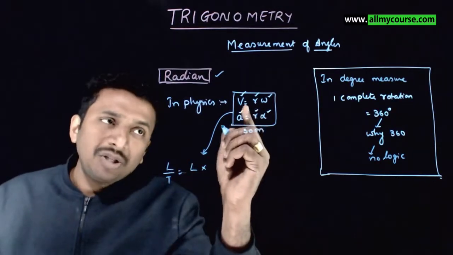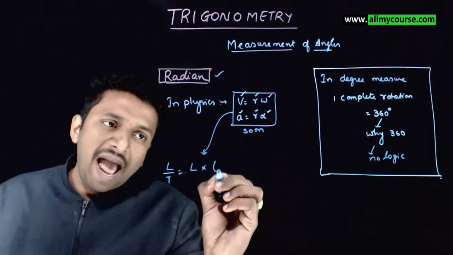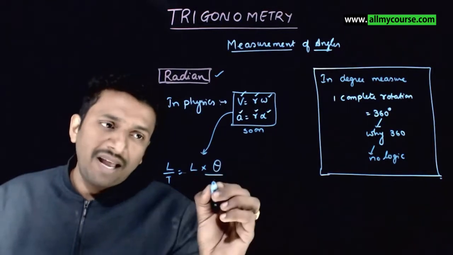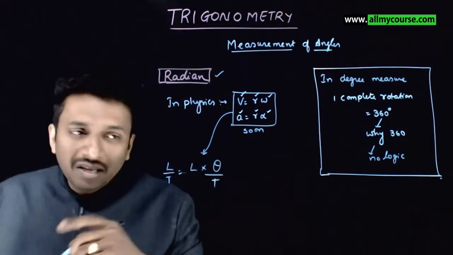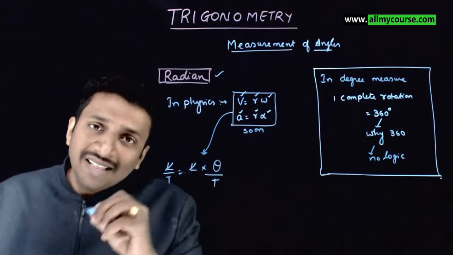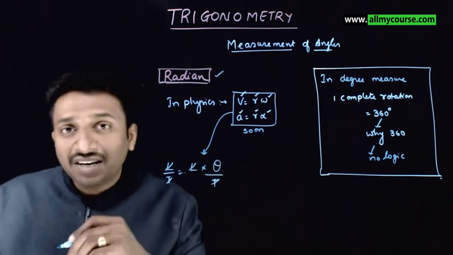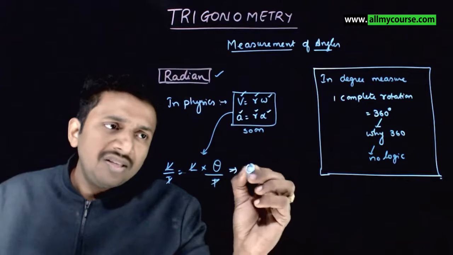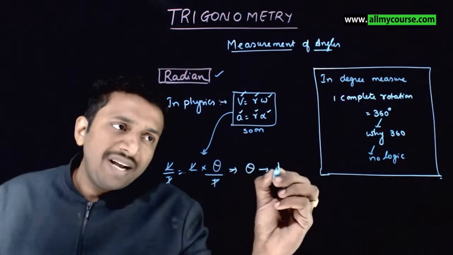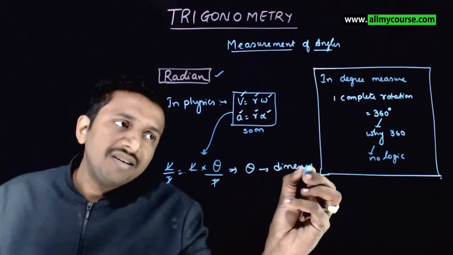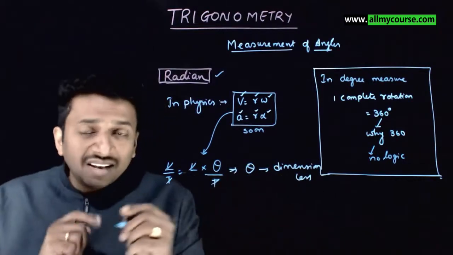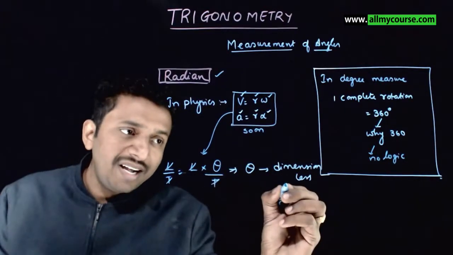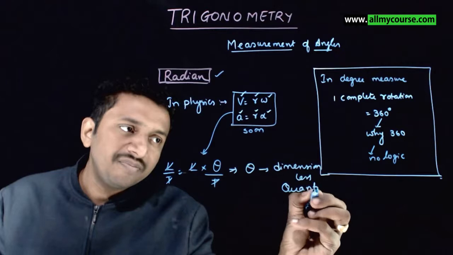So the dimension of omega should be angle divided by time. Once you analyze this, length and length get cancelled, time and time get cancelled, so theta is turning out to be a dimensionless quantity. The angle is turning out to be a dimensionless quantity.